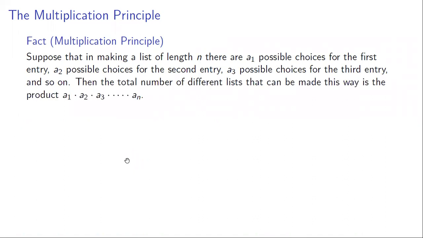Then the total number of lists that can be made following these restrictions is the product a1 times a2 times a3 times ... times a sub n. So the number of options for each entry multiplied all together. That's the total number of different lists that can be made.